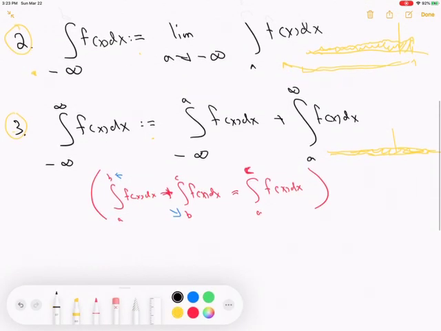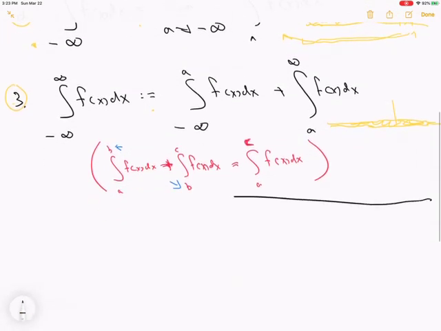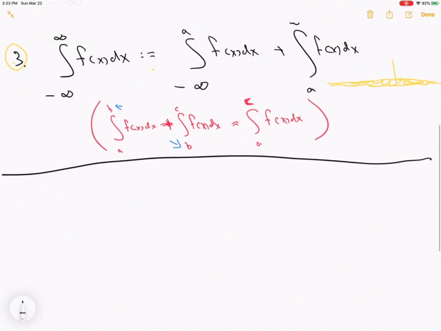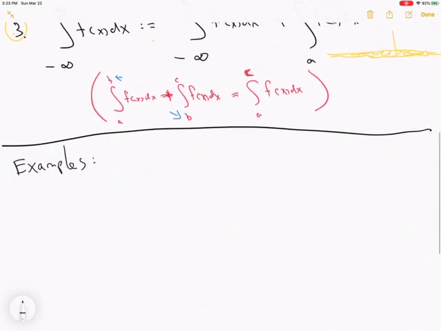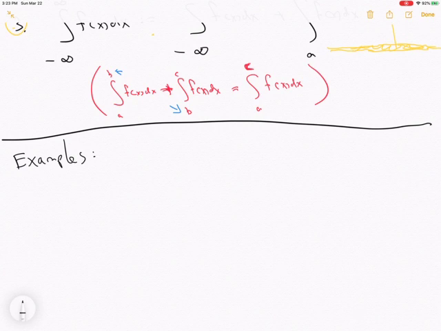And now, just so you get a feel for it, let's do a couple of examples to practice with these calculations. It's really not too bad. Okay, so here's the first example. Let's calculate the integral from 1 to infinity of 1 over x squared dx.